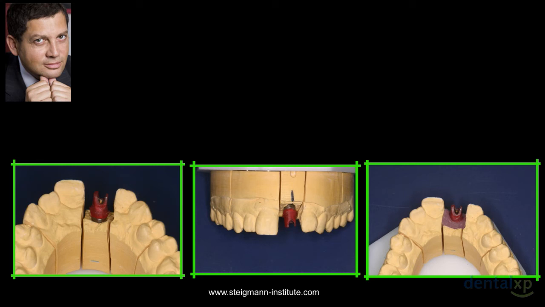We prefer to try in first a lab-made prototype of the CAD/CAM abutment so we can observe the modifications which take place when this abutment is placed in the patient's mouth.